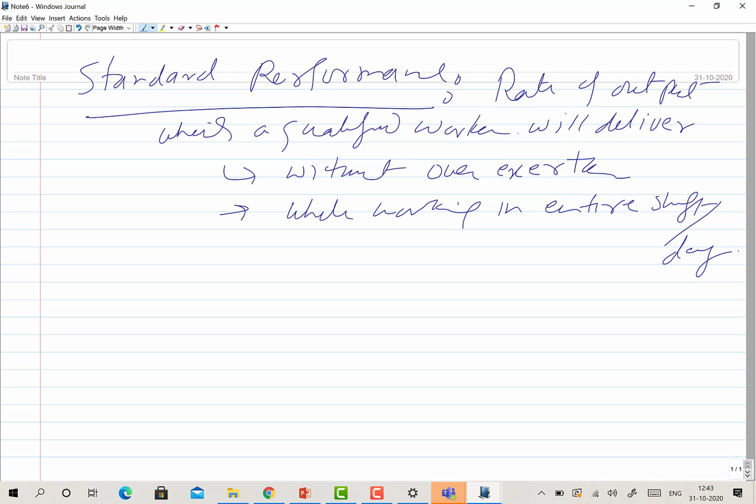So the qualified worker does not have to overexert, or he exerts in such a way that he can continuously work in the entire shift with the same pace, in the same way, and he is self-motivated to apply himself to do the job.